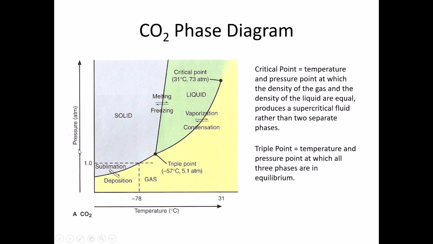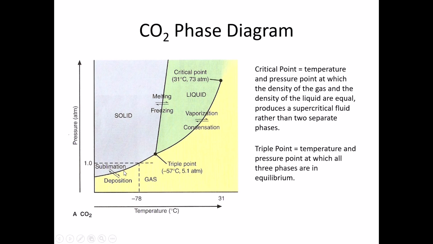So if we look at where 1 atmosphere is, we can see why we normally see carbon dioxide as only a gas. At 1 atmosphere, we only have 2 states, solid or gas. And if we look at the temperature, we know that we are normally closer to this end in terms of room temperatures, about 25 degrees Celsius. So CO2 is definitely in the gas phase.